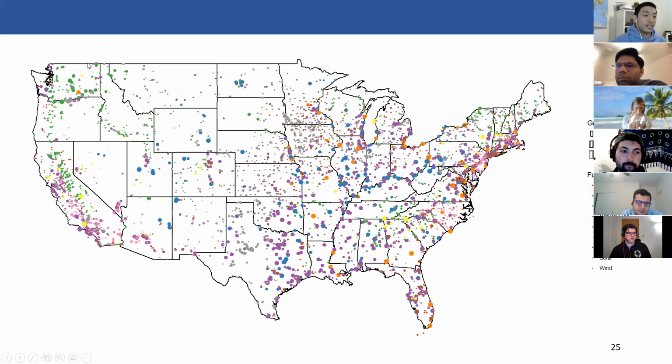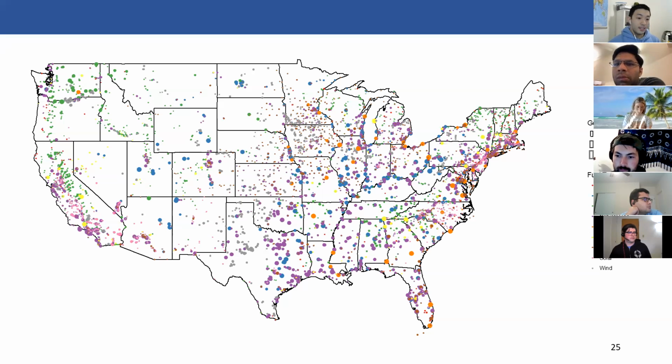The Pacific Northwest has huge resources in hydro, and so those green dots that you see, there's a lot more of that available in Northern California, and especially in Washington and Oregon areas.